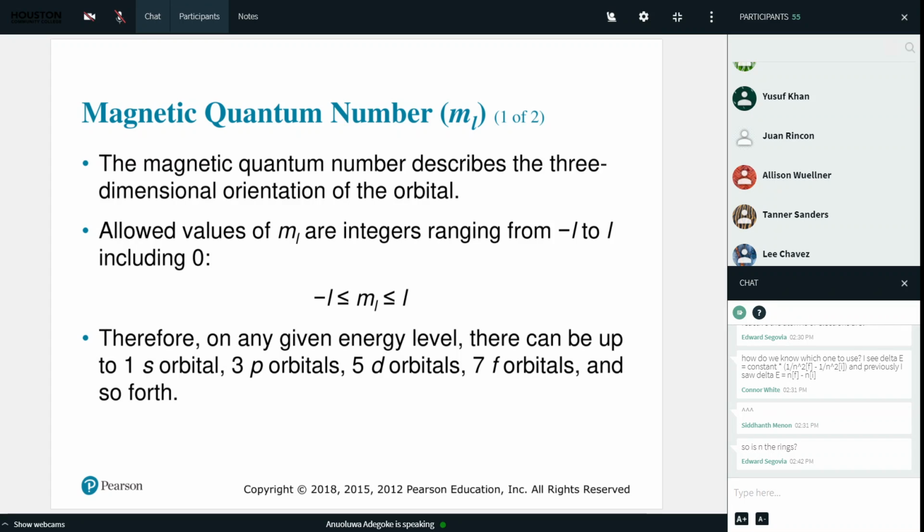So the last one is the magnetic quantum number, which basically breaks down the orbital. The magnetic quantum number ranges from minus L to L, including 0.